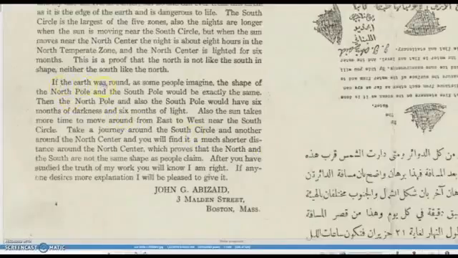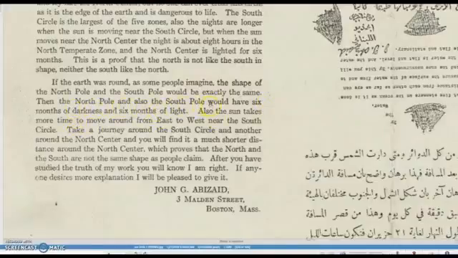And the north center is lighted for 6 months, like up in Alaska. This is a proof that the north is not like the south in shape, neither the south like the north. Anyway, so if the earth was round, as some people imagine, the shape of the North Pole and the South Pole would be exactly the same.